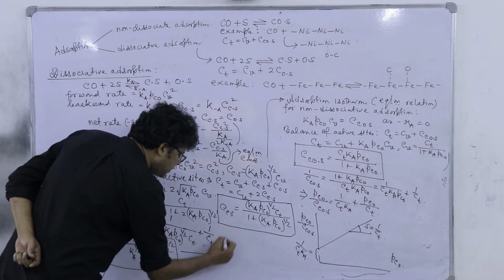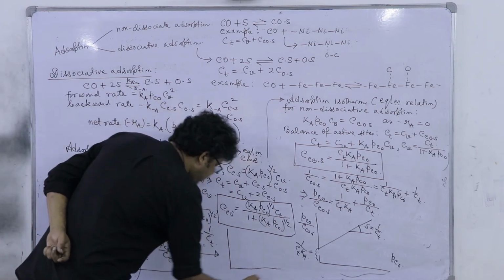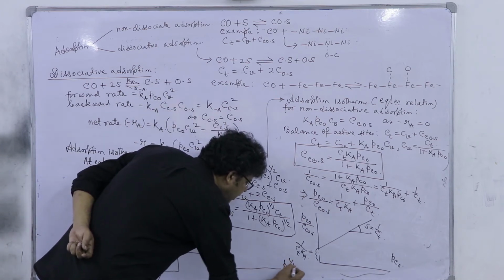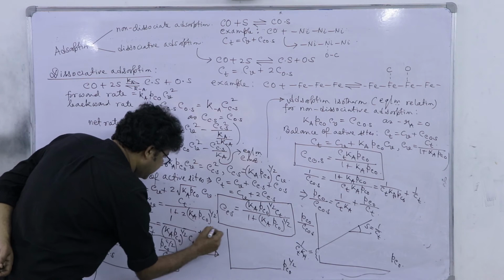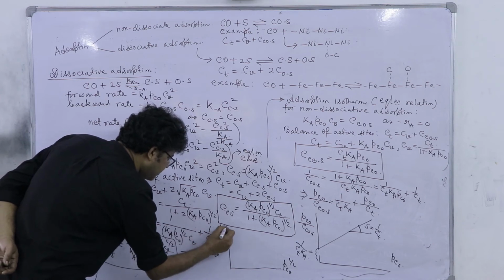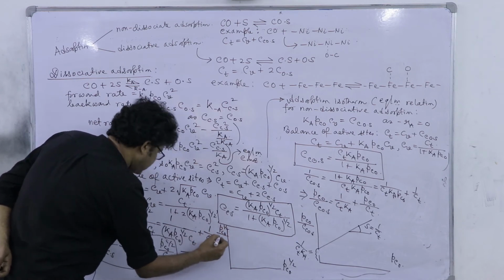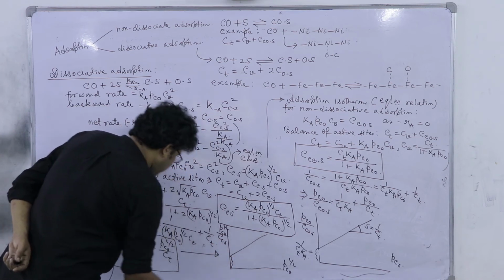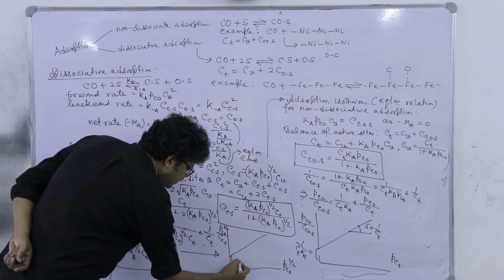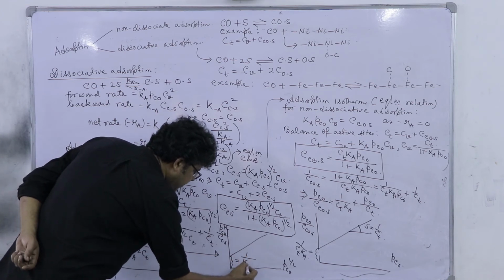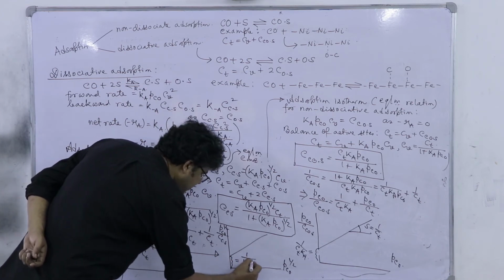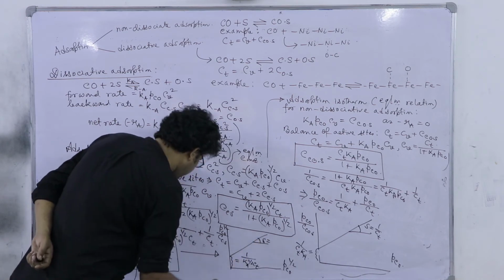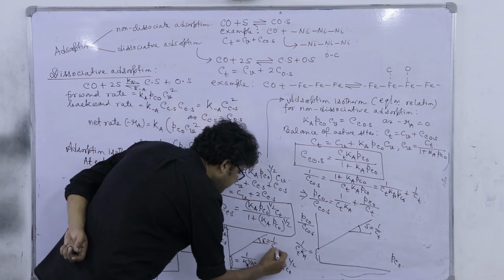Here we will plot PCO to the power half by C_C·S against PCO to the power half, and we will have a straight line where the intercept is 1 divided by Ka to the power half into Ct, and slope is equal to 1 by Ct. Right.